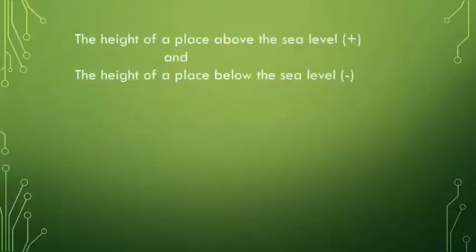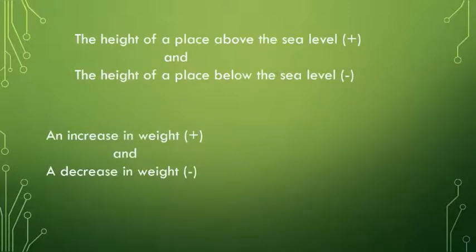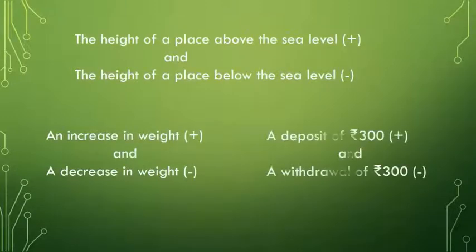There are many more situations that can be represented by a plus sign or a minus sign. And to change the situation to its opposite, we can simply change the sign to its opposite.